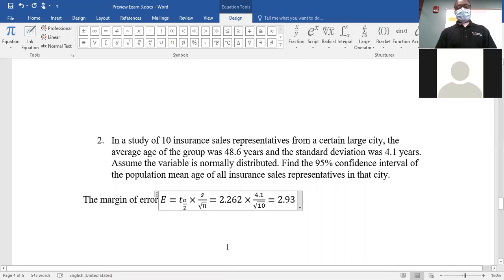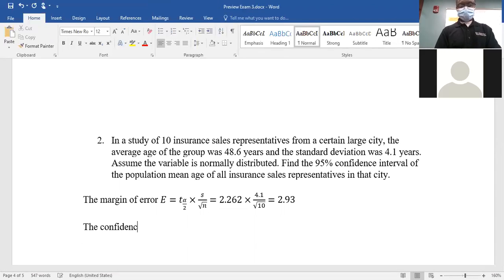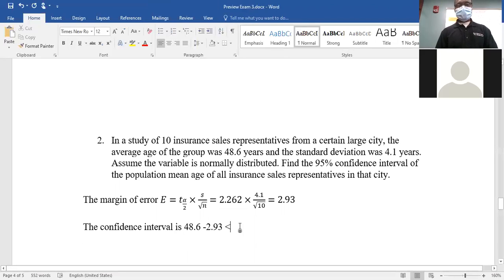Okay. So the confidence interval is the mean is 48.6 minus 2.93 less than the mean. To type the mean, it is better to go into this.